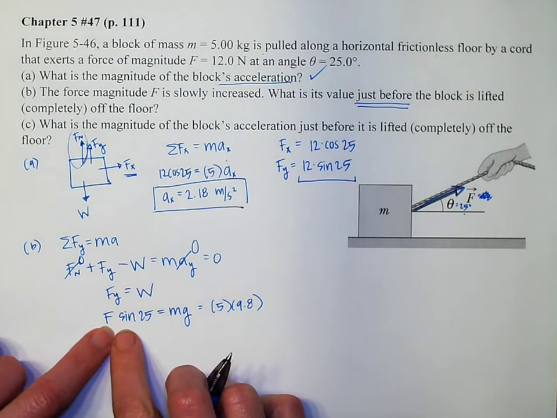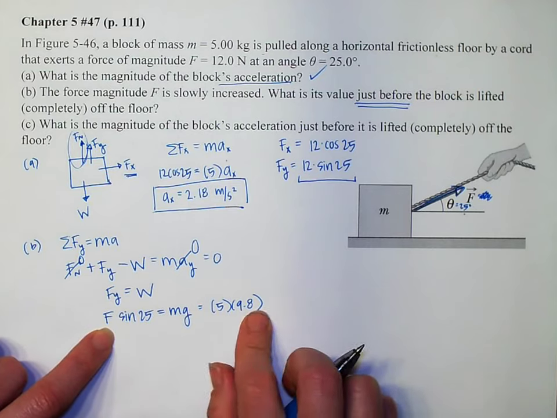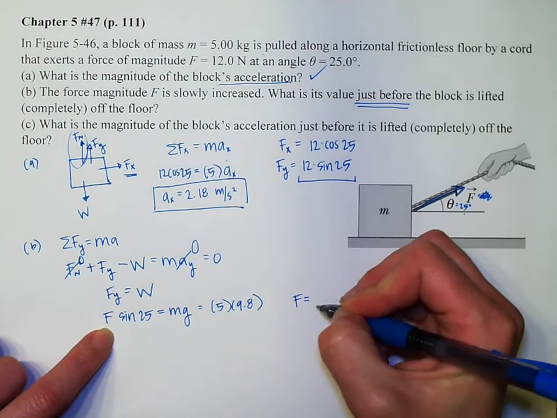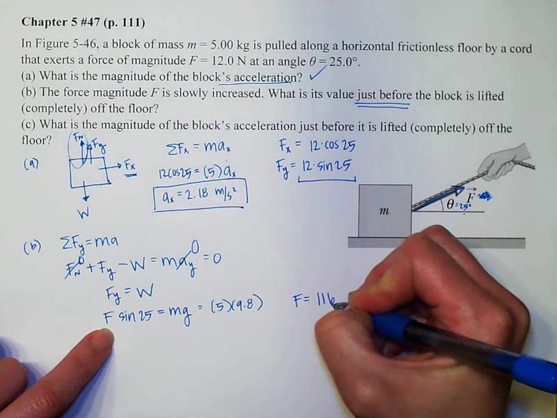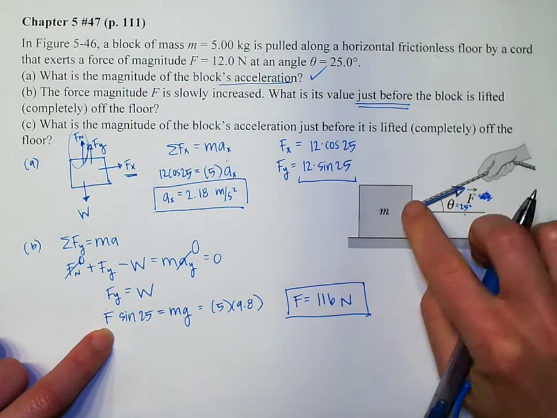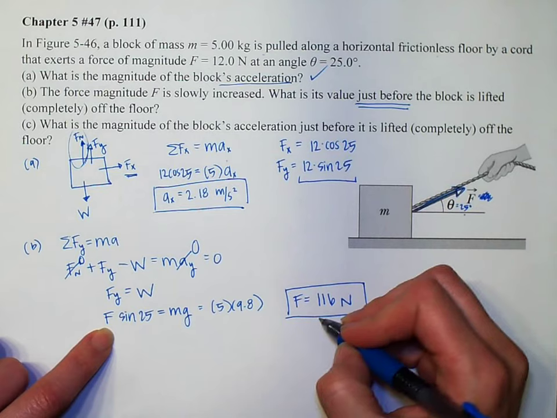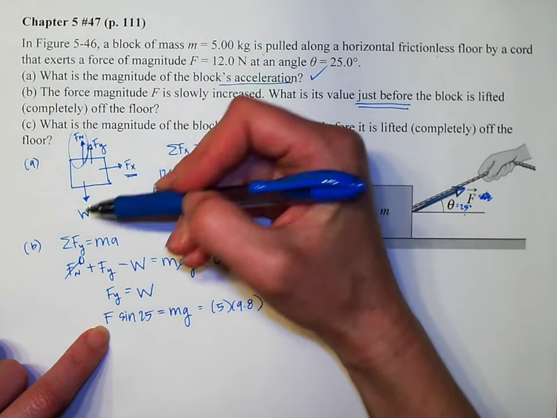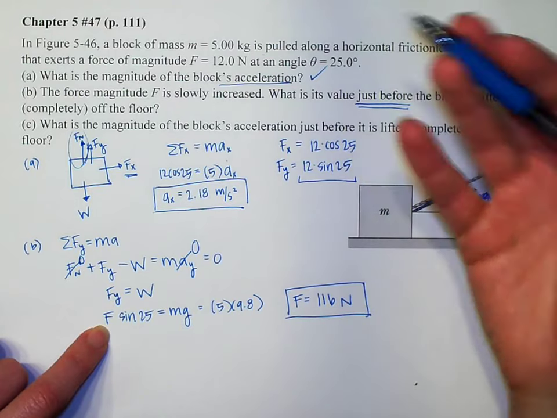So my only unknown here is my F. So I can do 5 times 9.8 divided by sine 25. And we find out that our force with which we are pulling is 116 newtons. And so this is our diagonal force. We found that by just analyzing what was happening in the y direction because we were about to be lifted off.